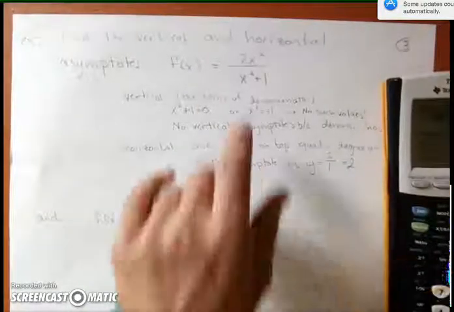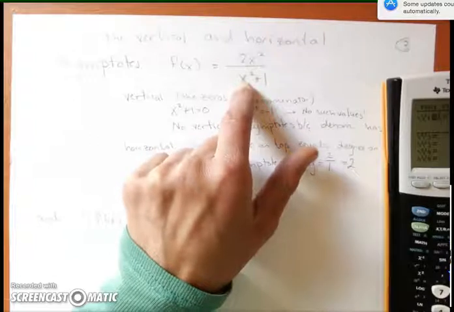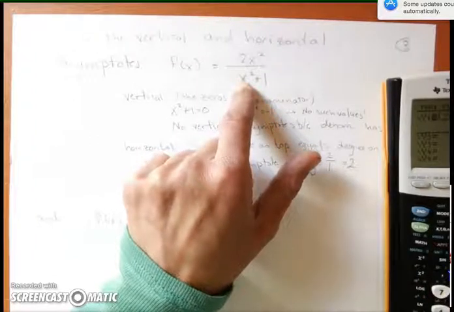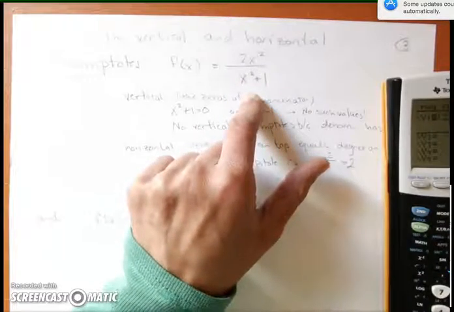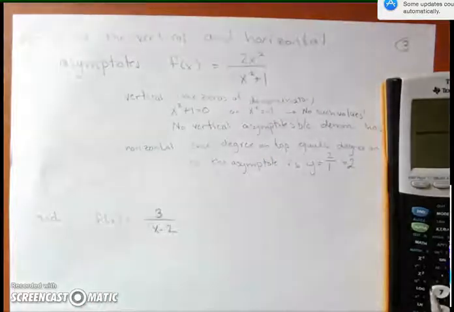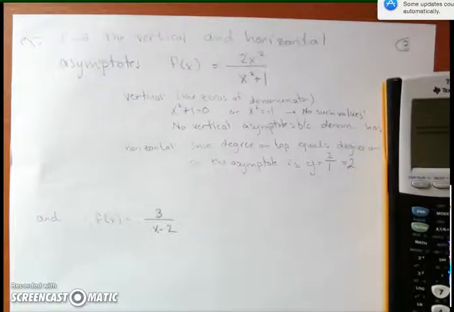Now we can check our work by looking at the graph. 2x squared divided by x squared plus 1. Graph it, normal zoom. There's no vertical asymptote, no vertical line anywhere here that the graph starts to look like.